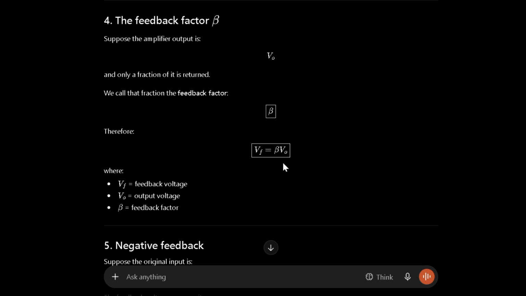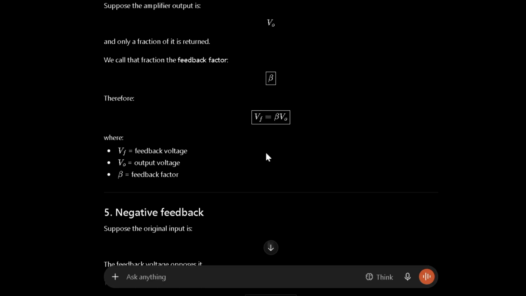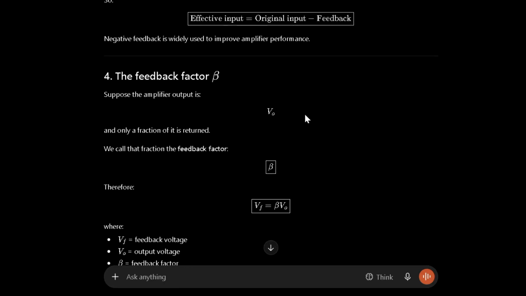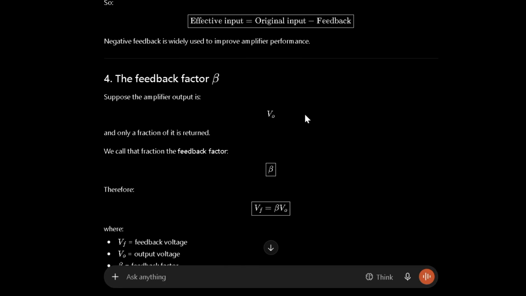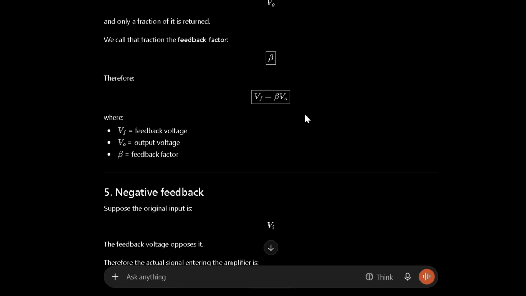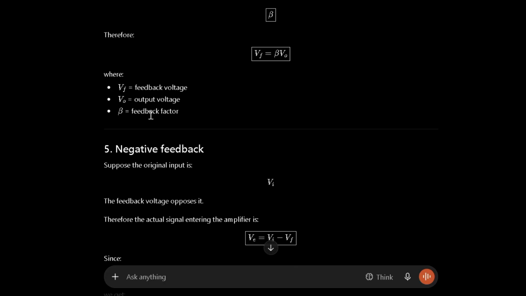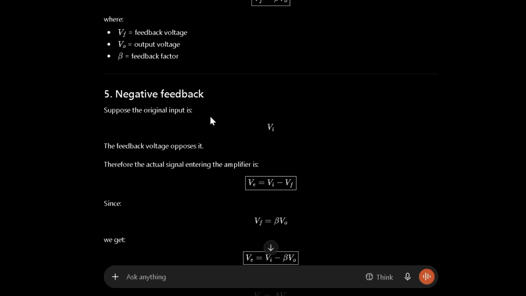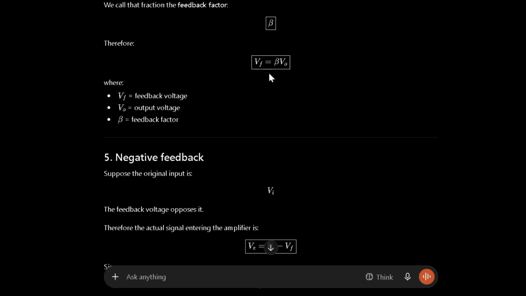So VF equals beta times V naught. The feedback voltage VF is a fraction of the output voltage V naught, and beta is the feedback factor.